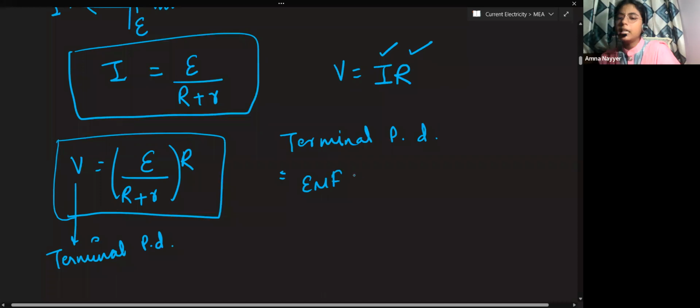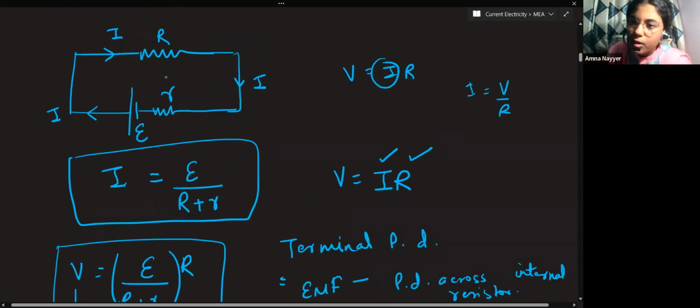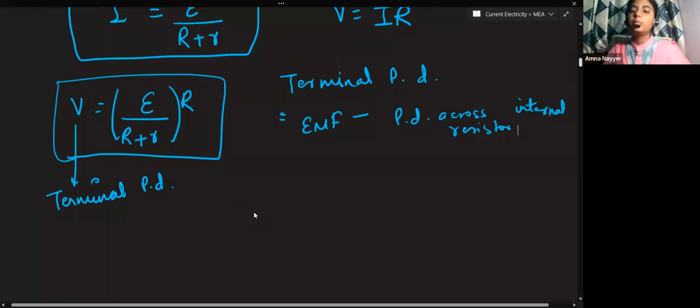It is given by EMF minus the potential difference across the internal resistor. There is a potential difference across the internal resistor, and there is the whole EMF of the cell. The difference between both of them will give me the terminal potential difference.